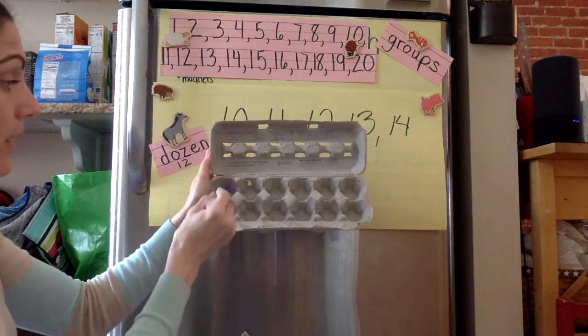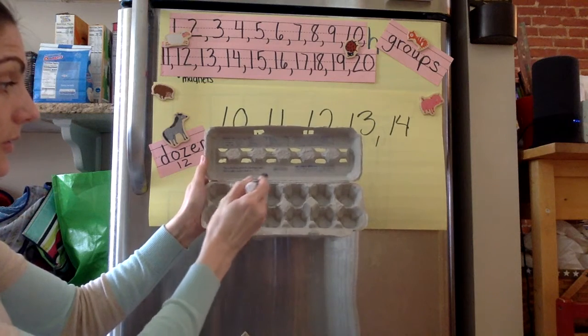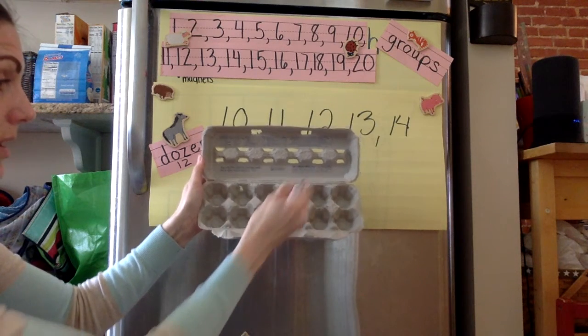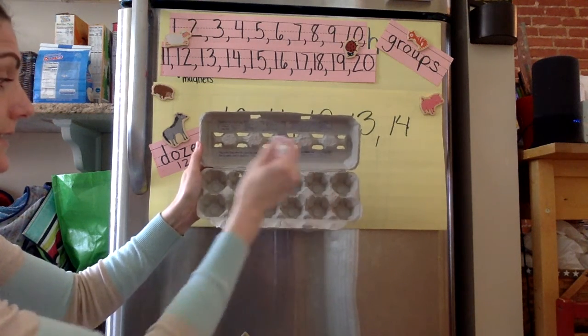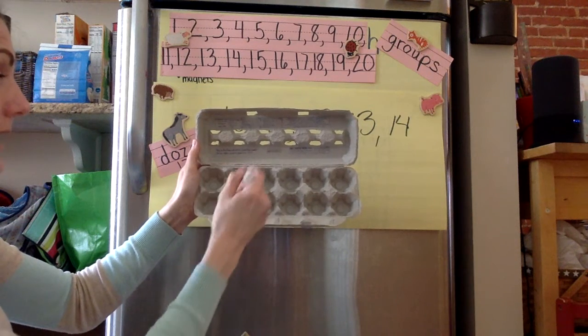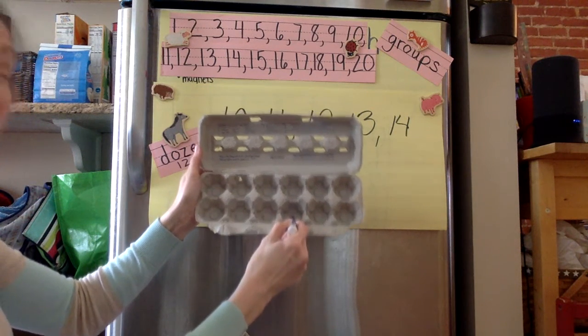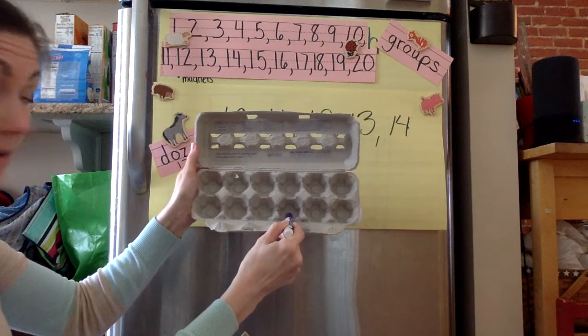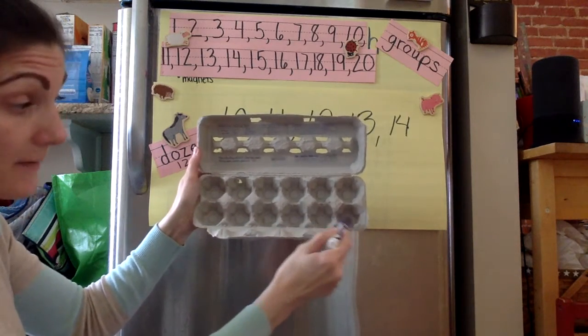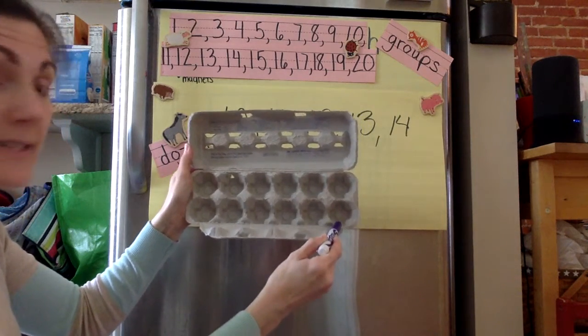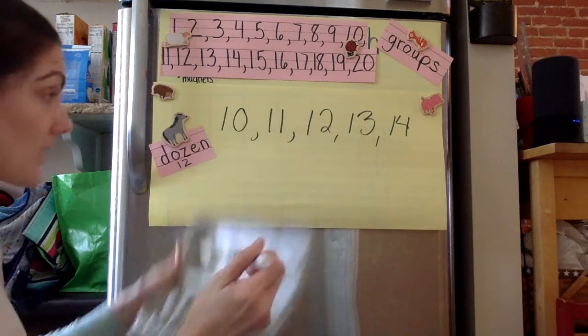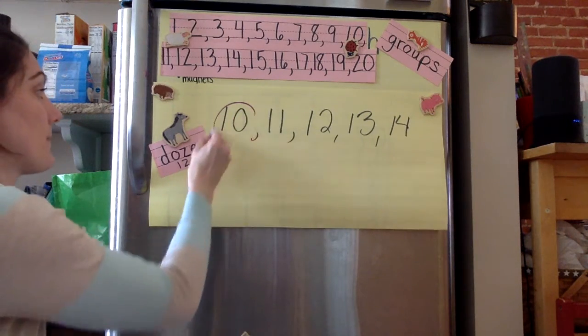Let's see. 1, 2, 3, 4, 5, 6, 7, 8, 9, 10. Could we put 10 eggs in this carton? Yes. Are we still going to have 2 spaces left over? Yes, but we could put 10 eggs in this carton. I'm going to circle 10.